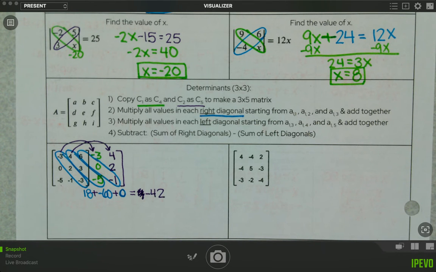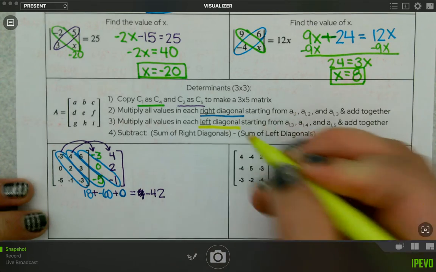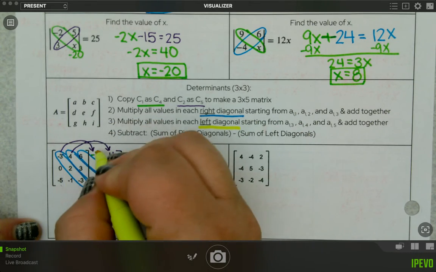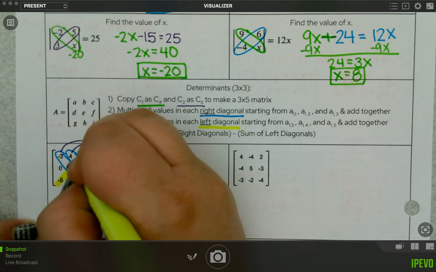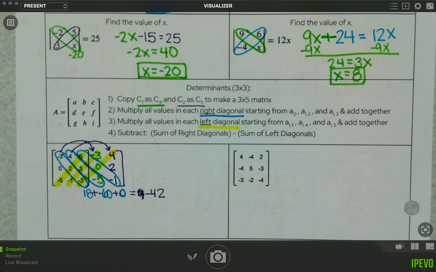Then you're going to do the same type of thing. And since I've already used up all my colors, I'm going to go with highlighter along the left diagonals. So this same thing, but they're going to be going to the left. So those three. Okay.